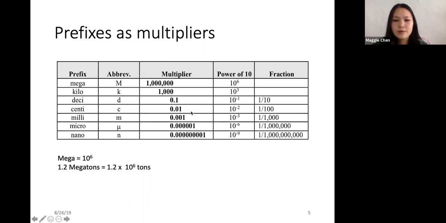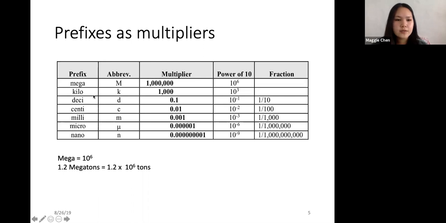Written as a power of 10, centi would be 10 to the negative 2. This exponent indicates how many spaces past the decimal point it's at. If we're looking at the multiplier 0.01, going 2 spaces over past the decimal point gives us that negative 2. So 10 to the negative 2 means the same thing as 0.01, which would indicate centi.